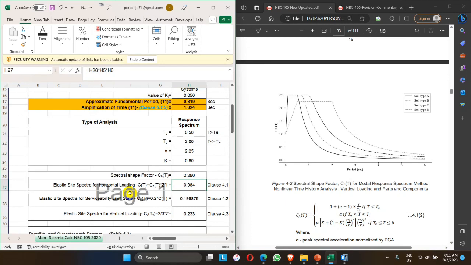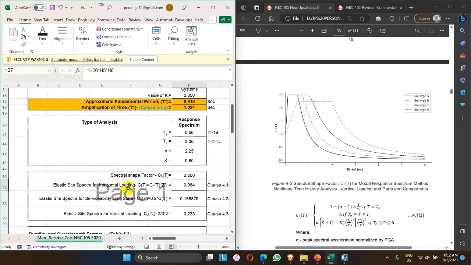As we see here, this is the horizontal plateau for 2.25. The elastic site spectra for horizontal loading Cd equals Csd times Z times I. Csd is 2.25, Z is 0.35 for Kathmandu, and I is 1.25 as we mentioned in this Excel sheet.